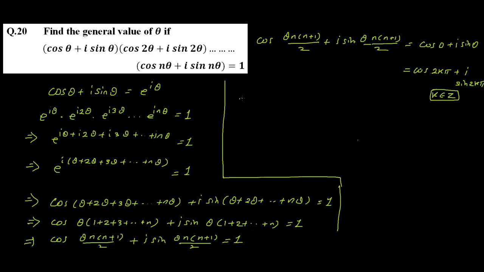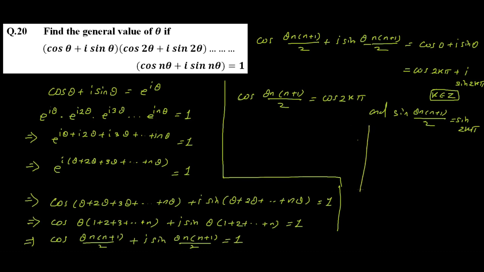That means I can write cos(θn(n+1)/2) is equal to cos 2kπ, and I can also write sin(θn(n+1)/2) has to be equal to sin 2kπ.